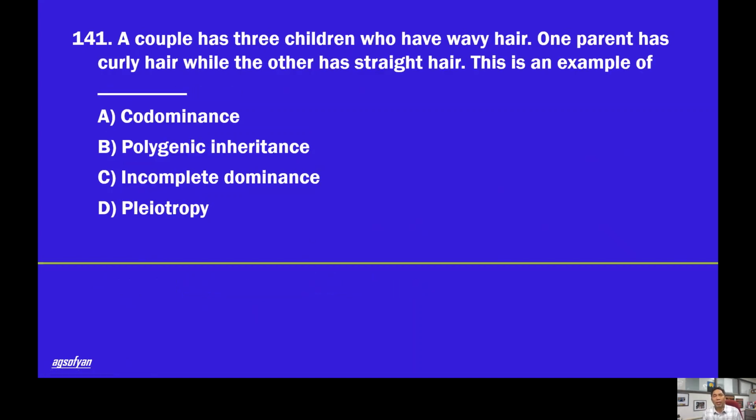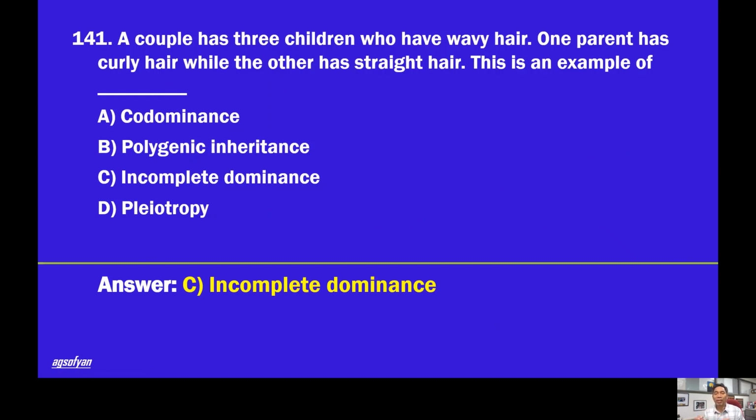141. A couple has three children who have wavy hair. One parent has curly hair while the other has straight hair. This is an example of A, codominance, polygenic inheritance, incomplete dominance, or pleiotropy. The answer is incomplete dominance. If it is incomplete dominance, then the result will be between the two characters.